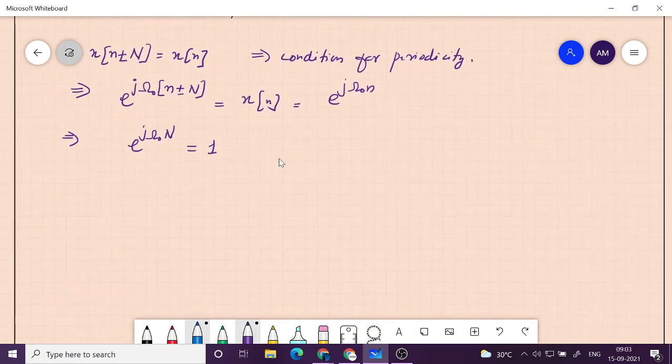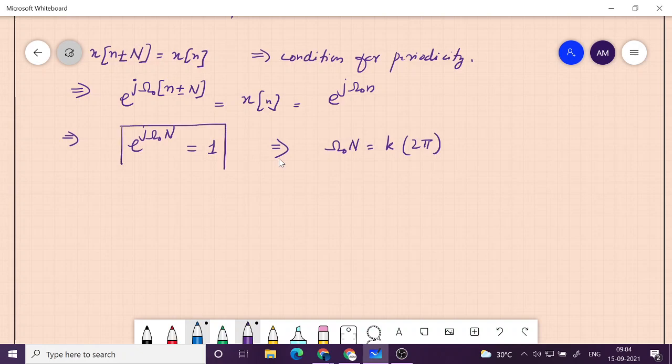Which means that omega 0 into capital N should be an integer multiple of 2 pi. Only then this condition can be satisfied. Okay, so this is the condition.